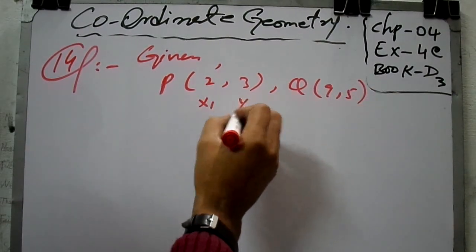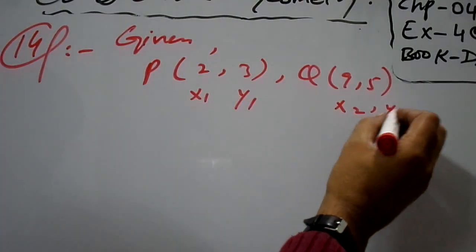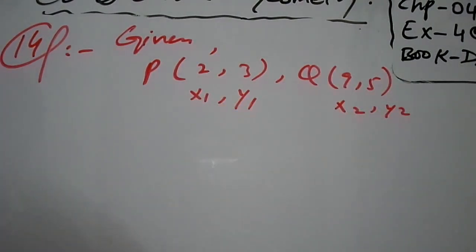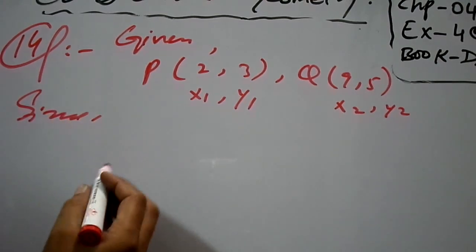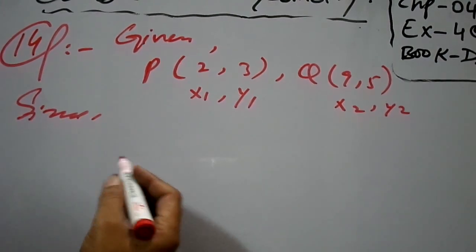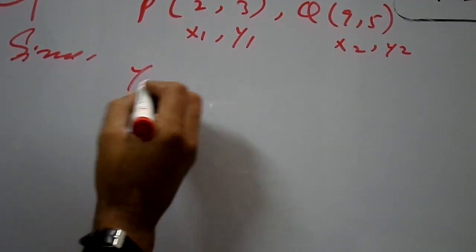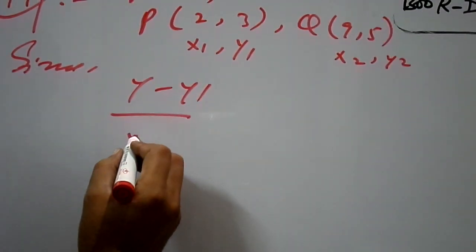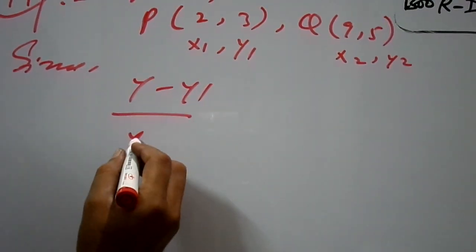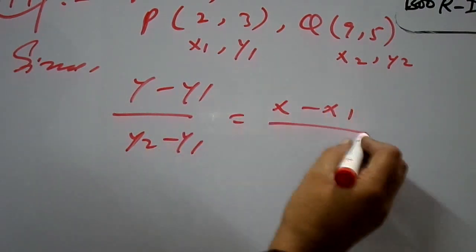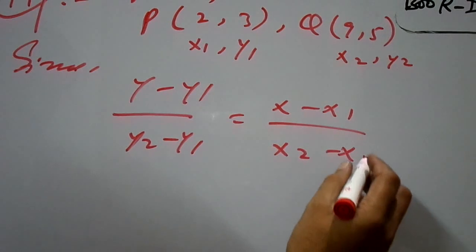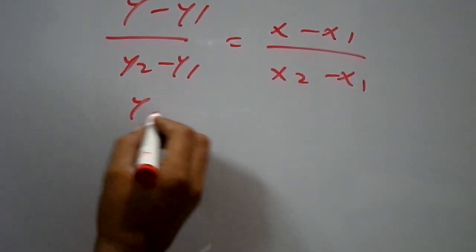That is your x1, y1, x2, y2. So using the 2-point form, that is y minus y1 over y2 minus y1 equals x minus x1 over x2 minus x1, putting the values.